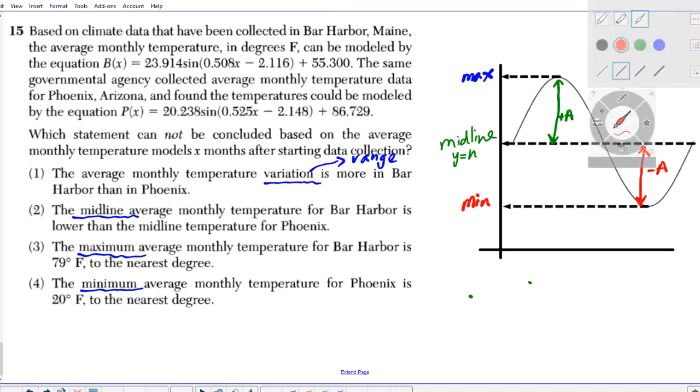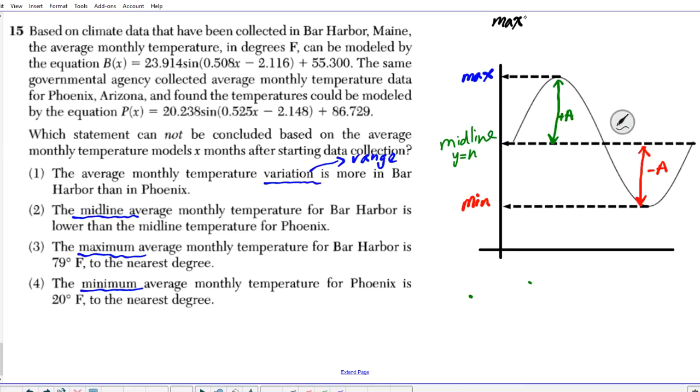Okay, so what am I saying here? What I'm basically saying is that your maximum is going to be computed by finding the sum of the h value and your amplitude a. Okay, the amplitude value is basically what comes before your trig function, the coefficient of your trig function. So that's your maximum, and your minimum is basically h minus the amplitude.